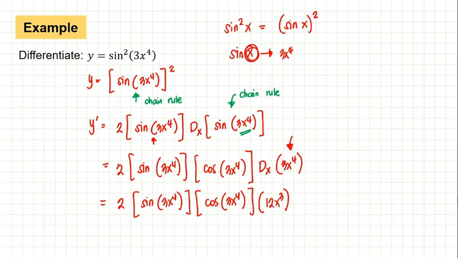Okay, then simplifying, we now have 2 times 12x cubed, so that is 24x cubed. And you multiply, ipagtabi nyo lang, sine of 3x to the power of 4 cosine of 3x to the power of 4. And from that, this is now our final answer.